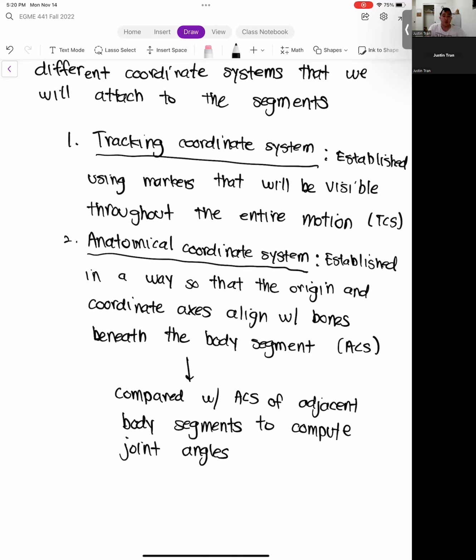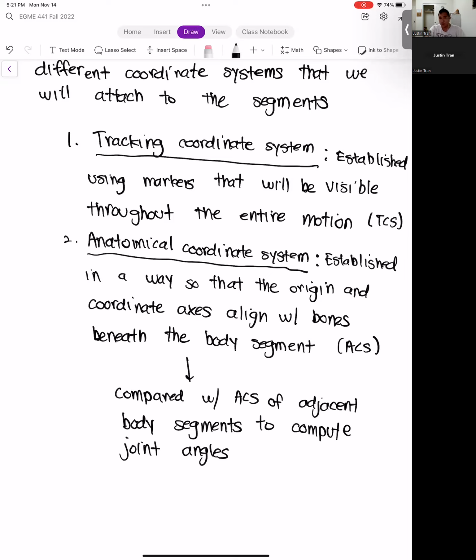Joint angles, the way they're defined in the biomedical literature, are the angles between the bones inside your body. Those aren't always the easiest to observe, and so that's why we established this anatomical reference frame to help us track them.